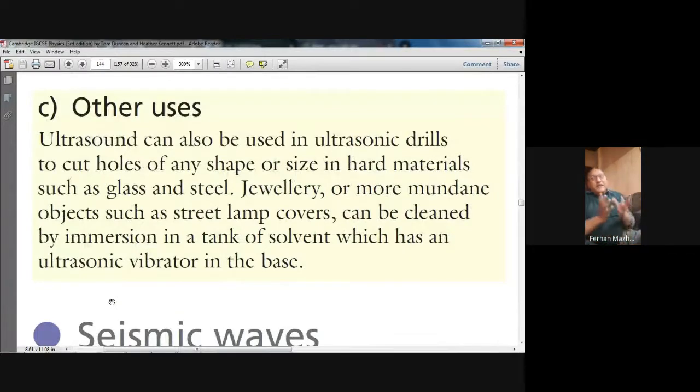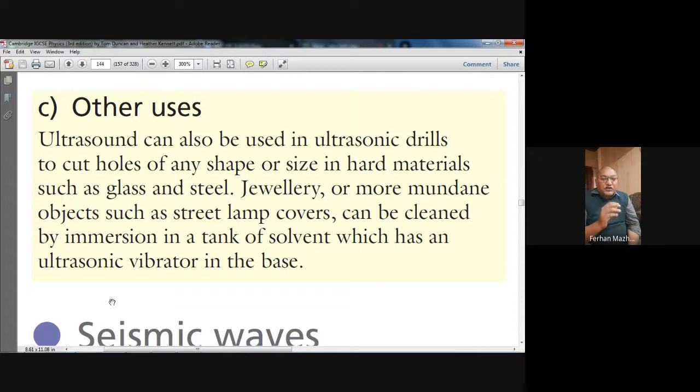What we do is take a utensil, and in that utensil we put the cleaning solution. For example, if you have jewelry and you want to clean it, this technique can be used. You put the jewelry in the cleaning solution, and then you use a transmitter of very high frequency ultrasounds.